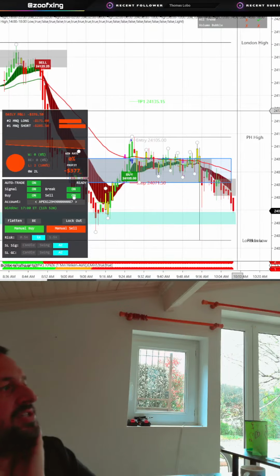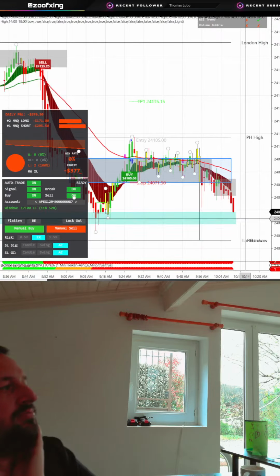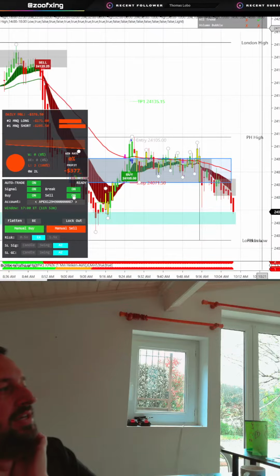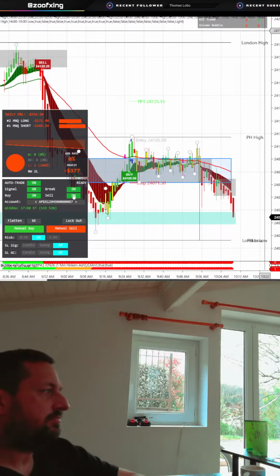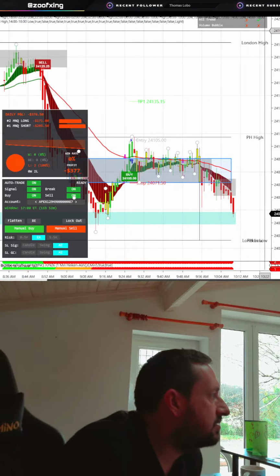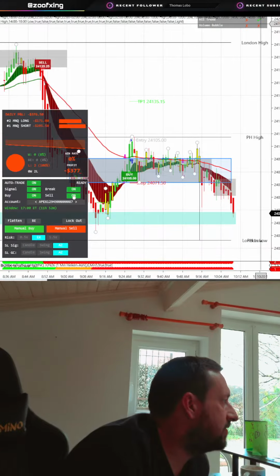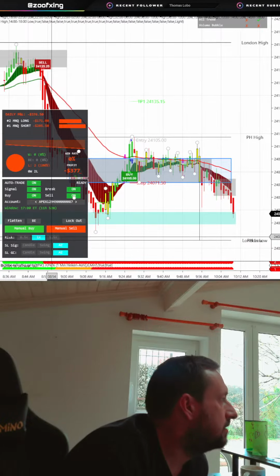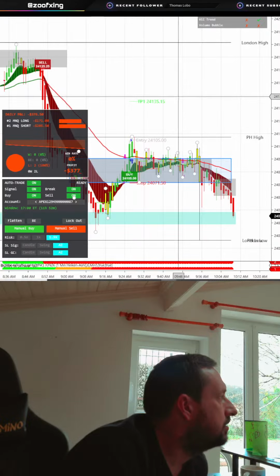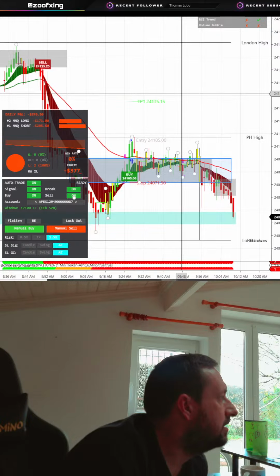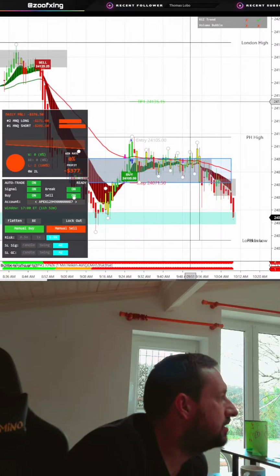Everything's aligning for a sell signal other than we haven't got volume. So if volume kicks in on this one, then we'll get a sell signal. Stop is above the alpha zone. We're using normal risk. I'll just increase that. See, I want to see 1.5 work.